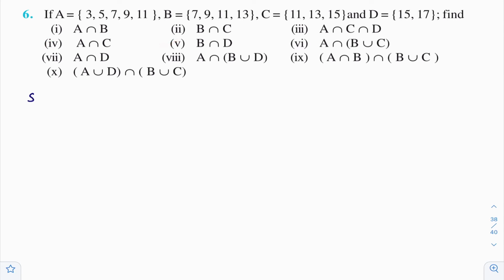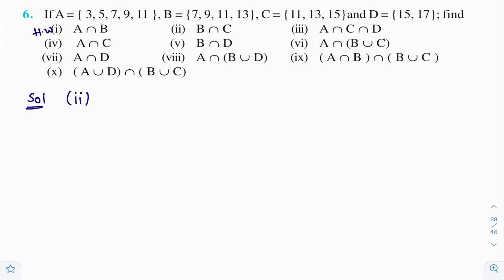So what I will do first, you observe these 4 bits. In these 4 bits, I'll try to do any 2 bits, because there are 2 sets intersection. In the last problem, you know how to calculate A intersection B. You please do this first bit. Now we'll do this second bit.